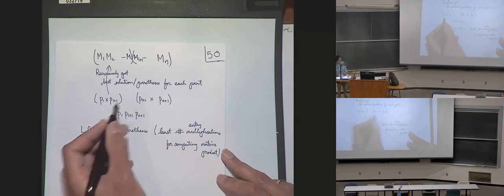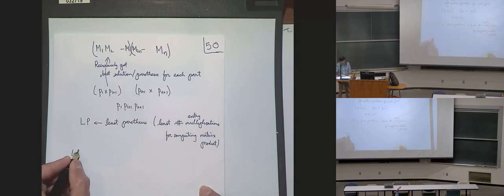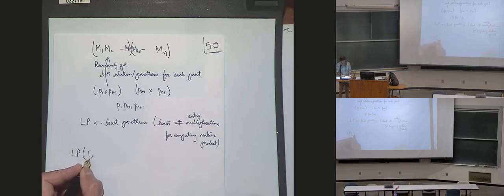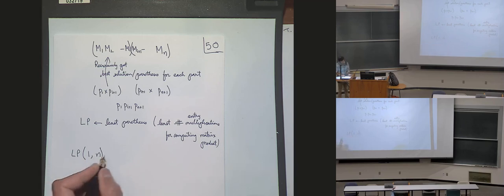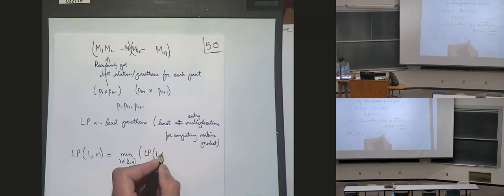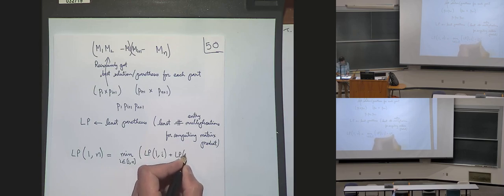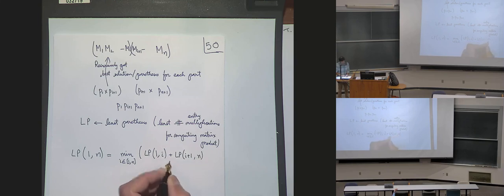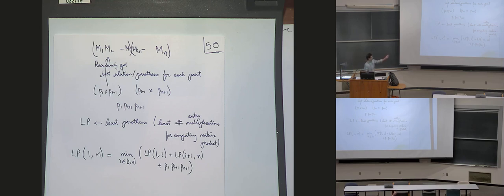And so here's my recurrence. LP of 1 to n is going to be the min. So I choose all possible splits in between: LP 1 to i plus LP i plus 1 to n plus P1 Pi+1 Pn+1. Does that make sense? So for all choices of i, I minimize this.